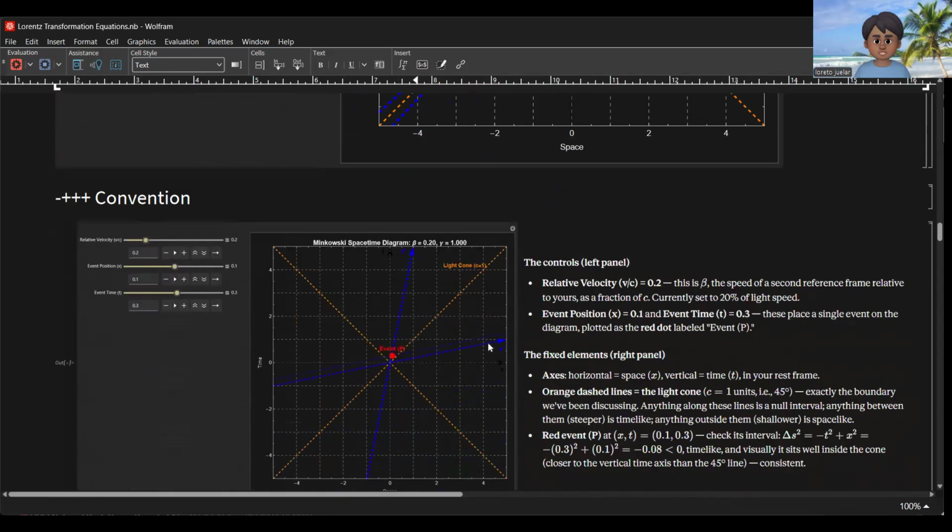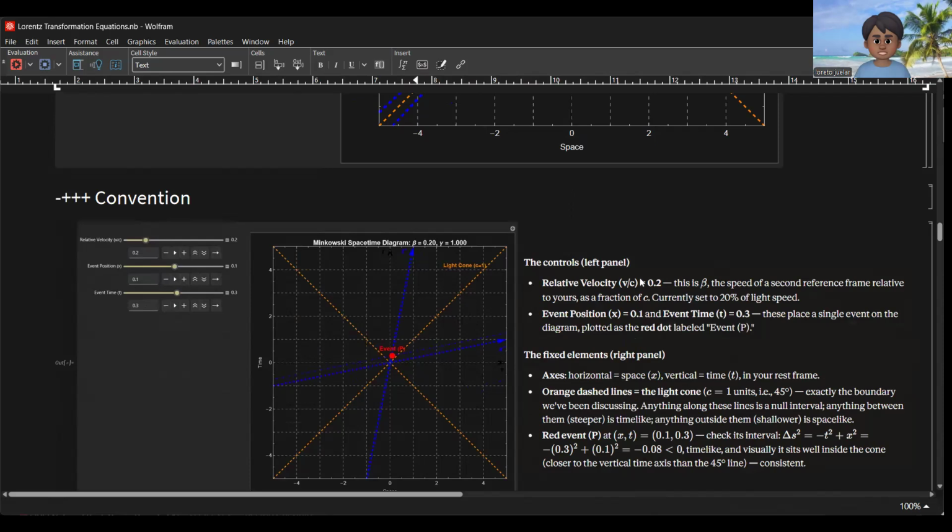We have an example here. So we are going to use the negative, positive, positive convention here. So the relative velocity here is 0.2, and event position here is equal to 0.1, and the event time here is equal to 0.3.